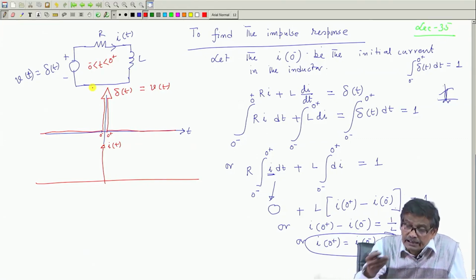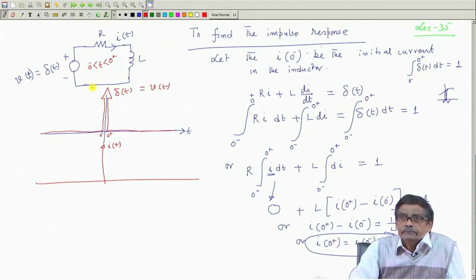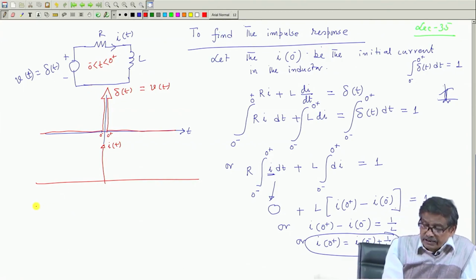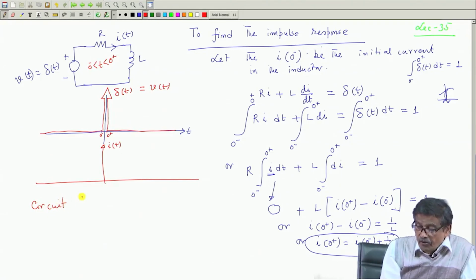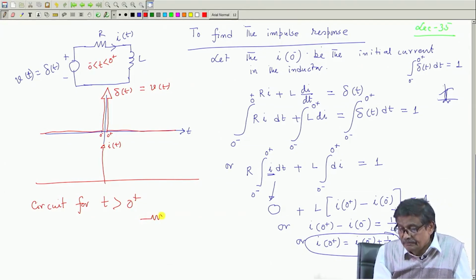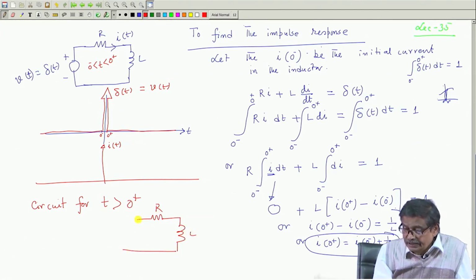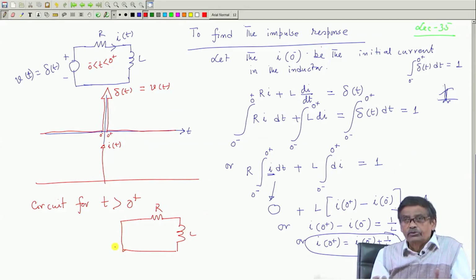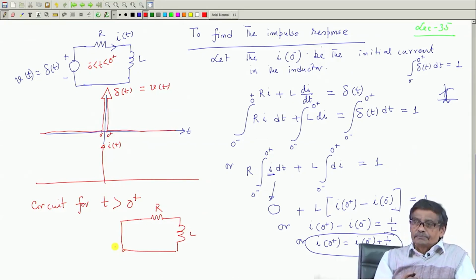But the circuit for t greater than 0 plus will look like what? R, L, and these two terminals are shorted, no voltage source existing. This you must first understand.